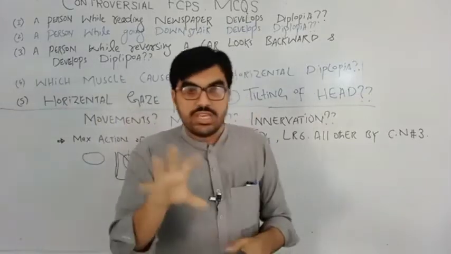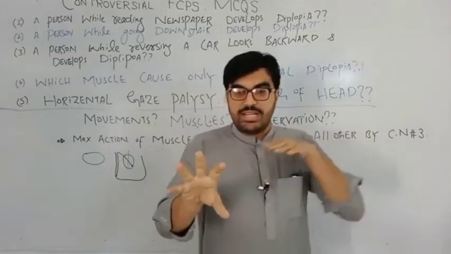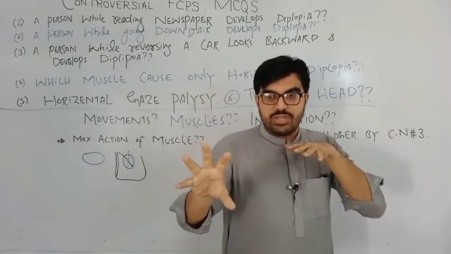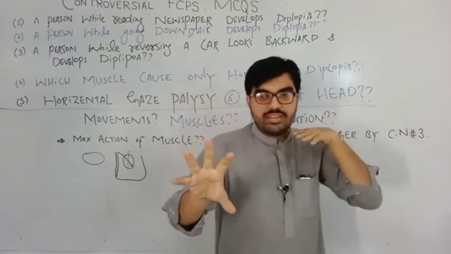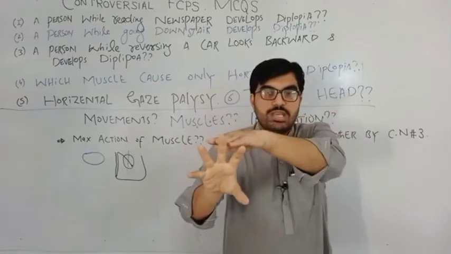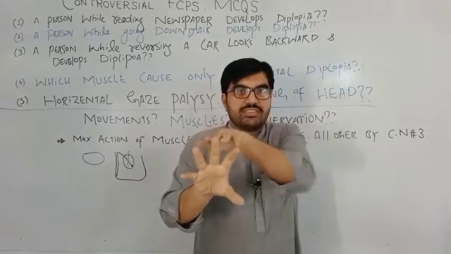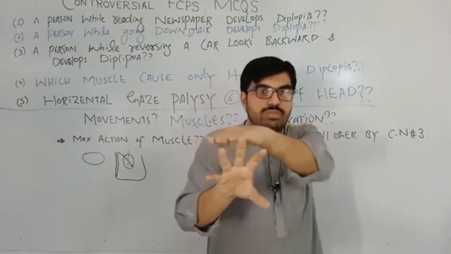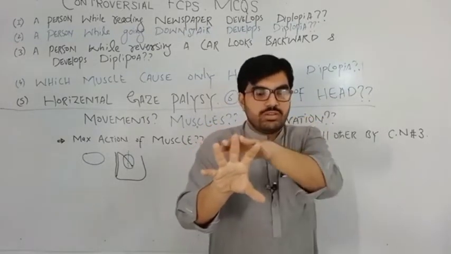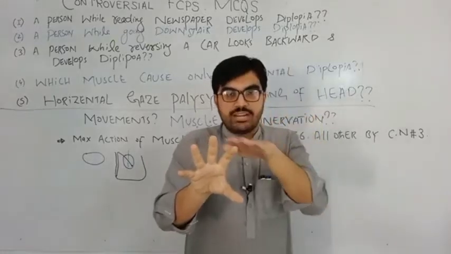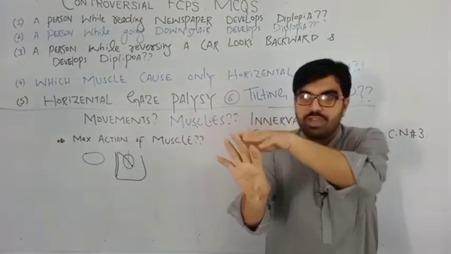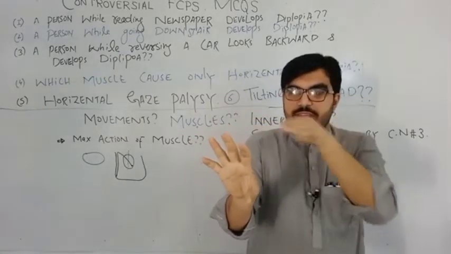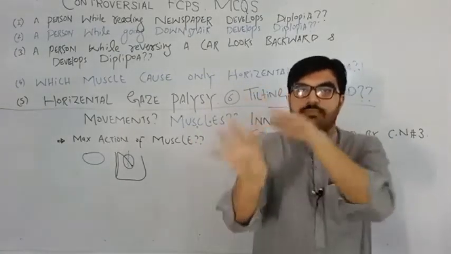Suppose this is the eyeball and the superior rectus is attached to the eyeball in this fashion. This is your orbit, this is eyeball and this is superior oblique. The superior oblique is not attached like this, it is making an angle. So the maximum action of superior rectus will be if the eye moves laterally. Now if it is contracting, it will cause elevation.